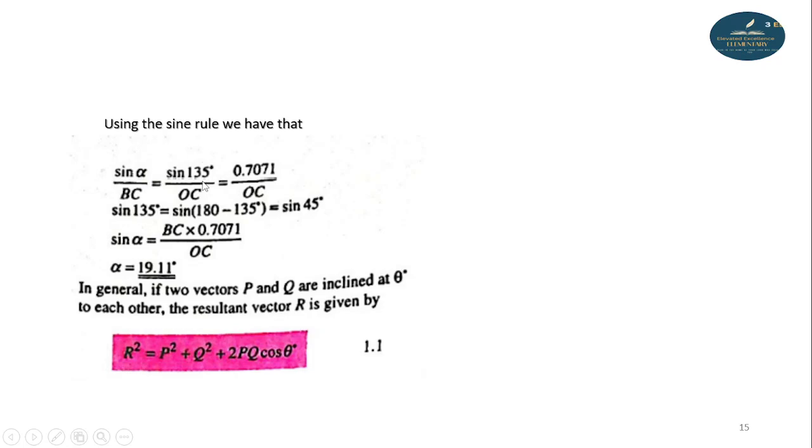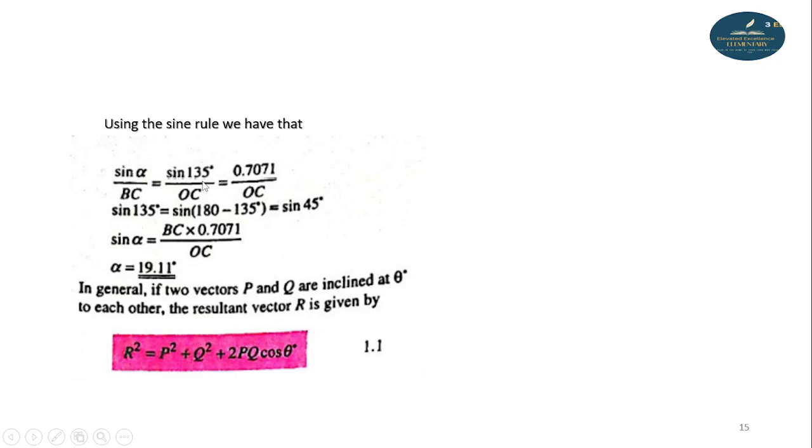So it is equal to the sine of 135, sine of that angle, over the side it faces, which is R, and we've gotten R as 6.48. So how do we solve it? We cross multiply and get the answer.